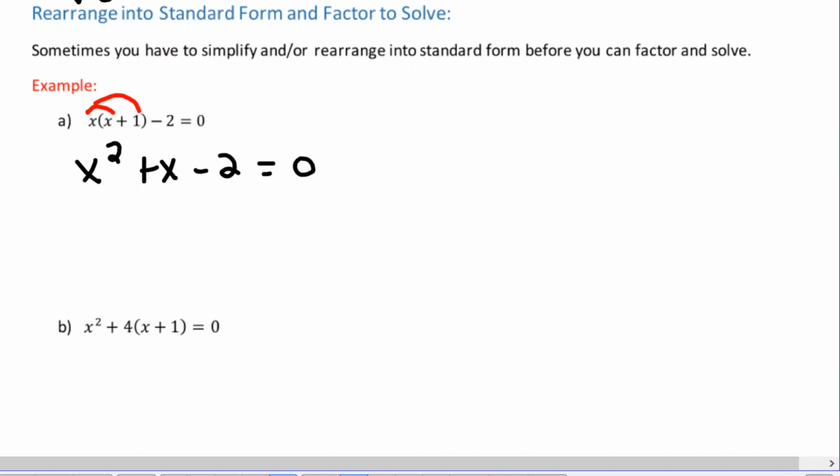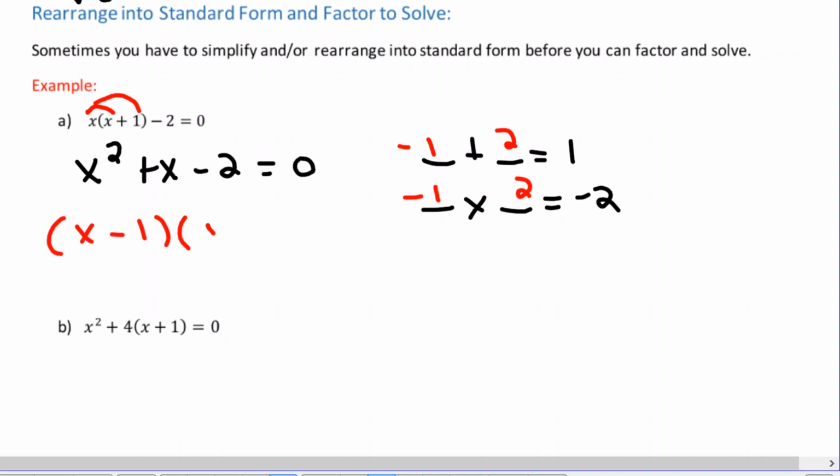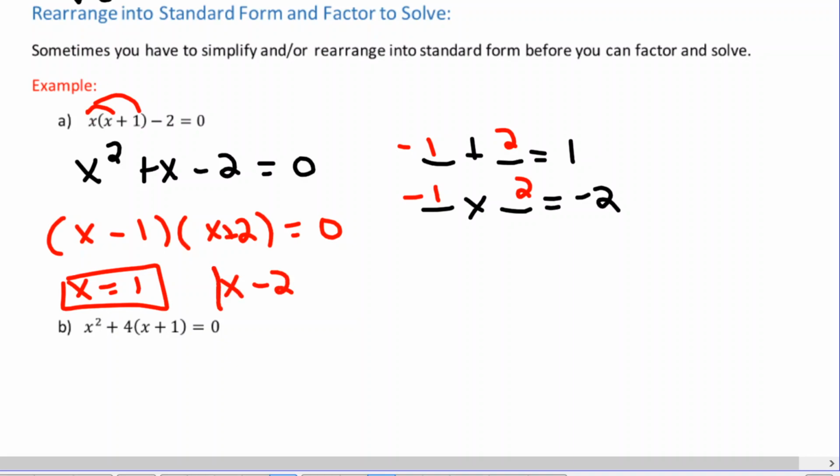So now I could factor this thing. I could say what adds to 1, what multiplies to -2, right? A -1 and a +2 is going to work out here. And so I have my factors, which means I have my solutions. A +1, right? Flipping the signs, and a -2.